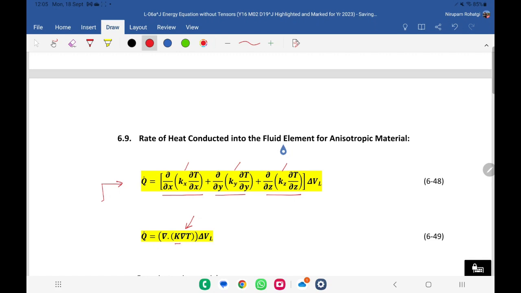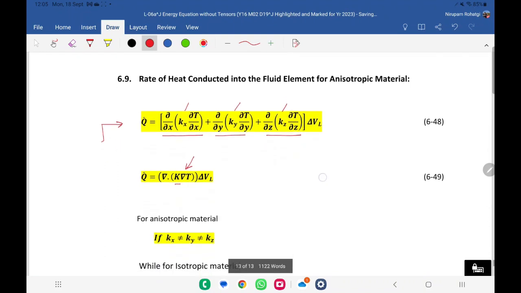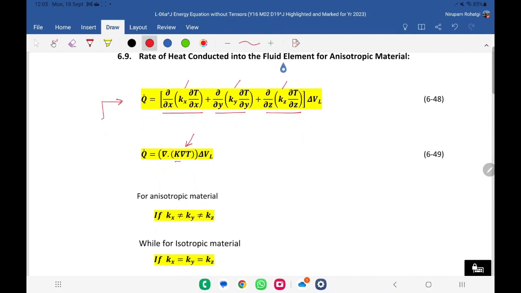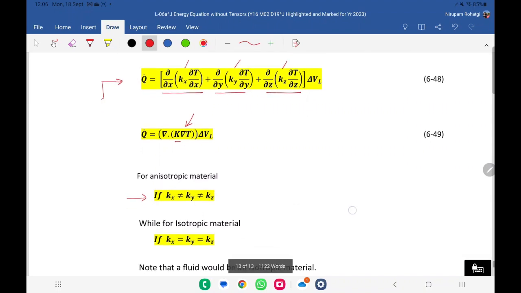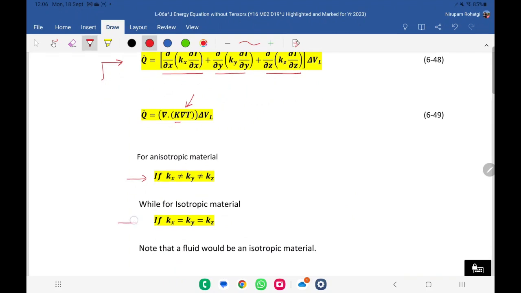Okay, but normally a fluid would be isotropic. In all directions it will be same, right? If it is anisotropic, Kx, Ky and Kz will not be same, right? But if it is isotropic, Kx, Ky and Kz will be same, right?